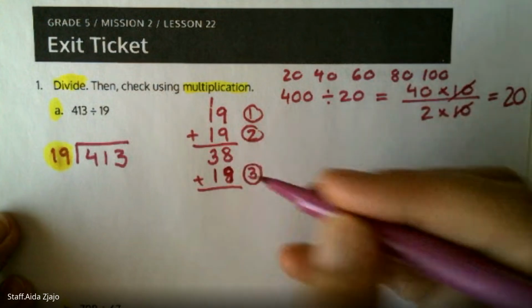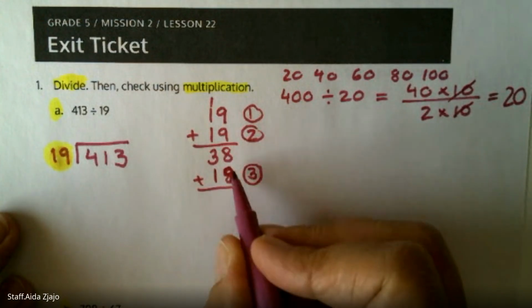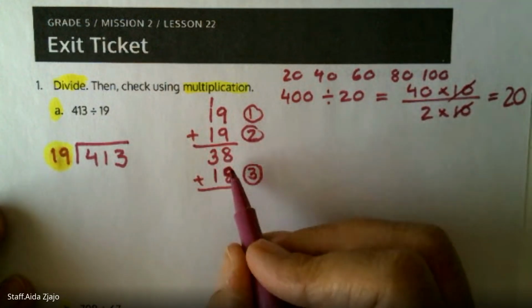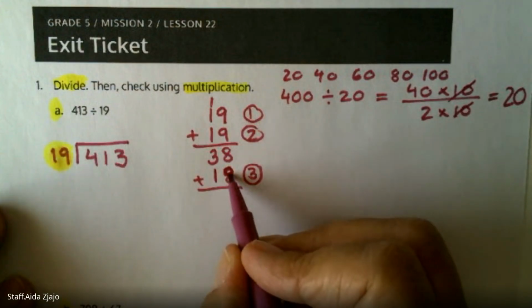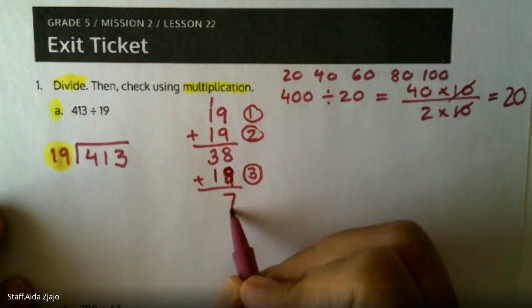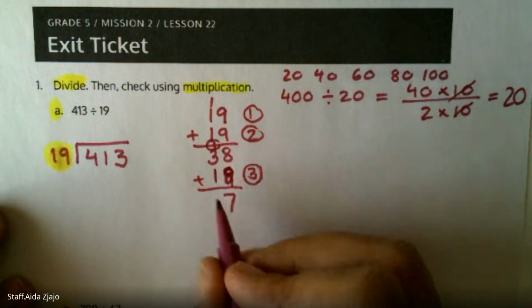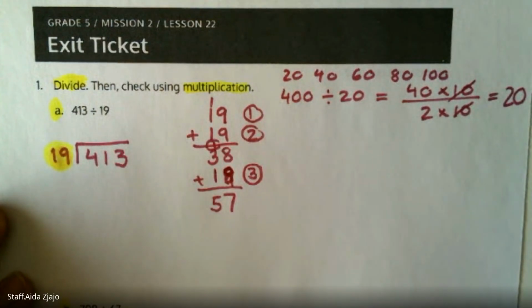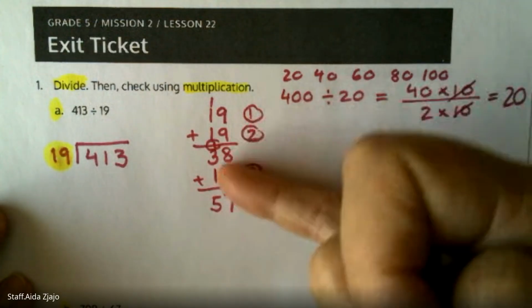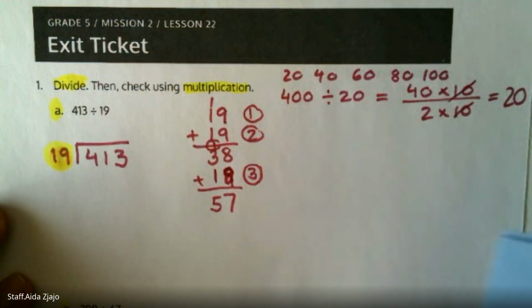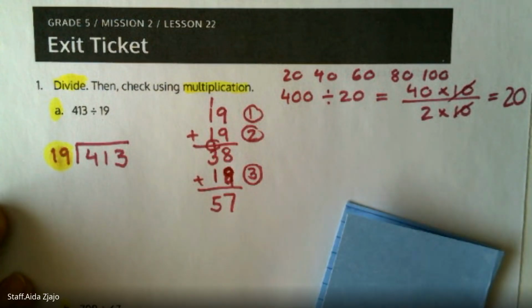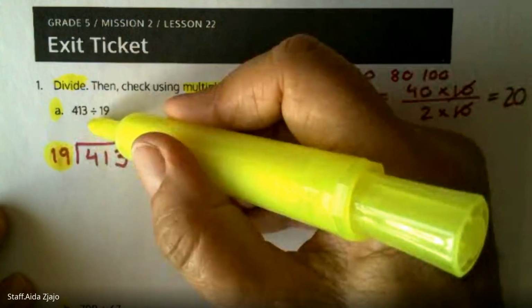That would be 57 there. But I will go one number at a time, because if you go all the way, it's just too complicated. That's why the rule says go one number at a time.